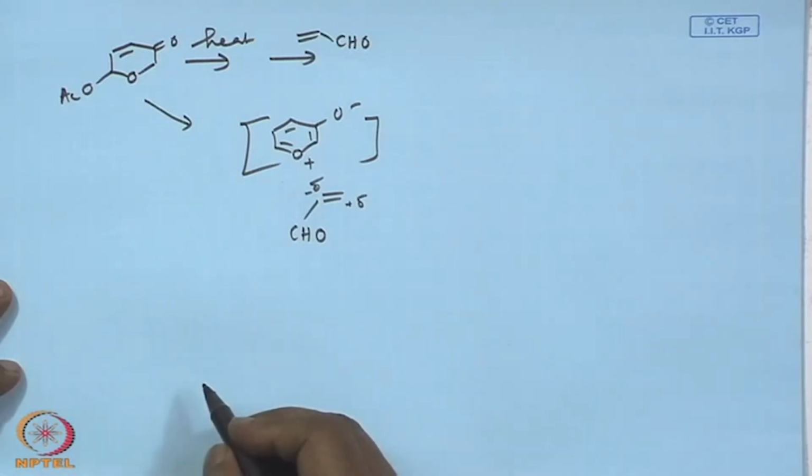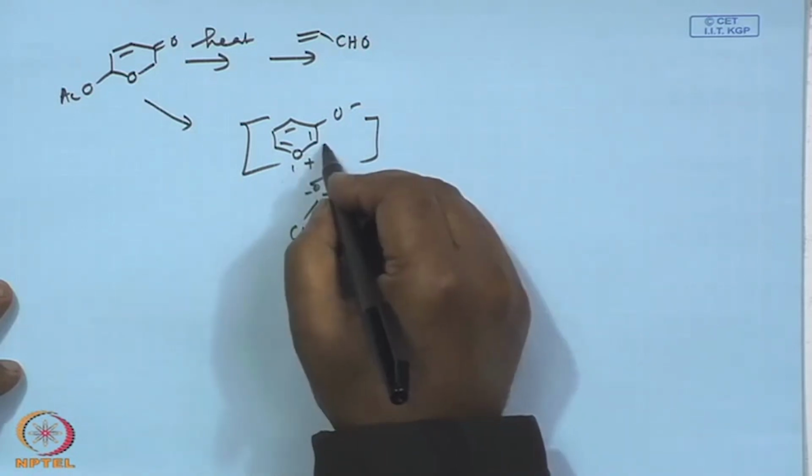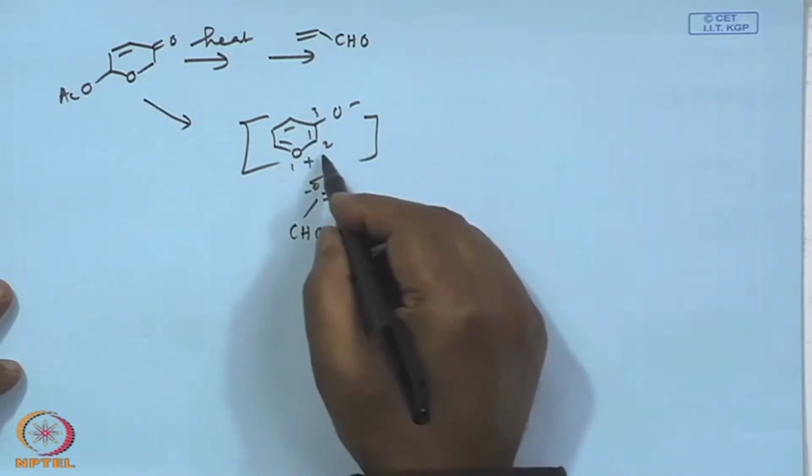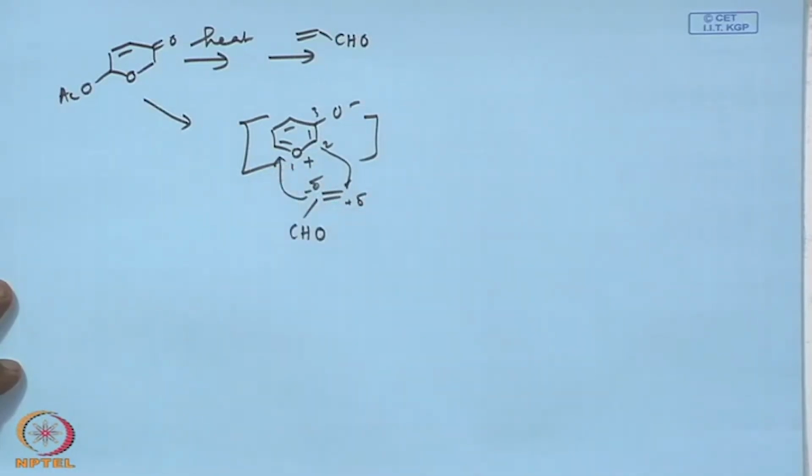And in the case of the pyrylium ion, of course, the electron rich carbon is the second carbon, 1, 2, 3, second carbon. That means this goes here and then this is reacting with the other carbon. That means the bonds are being formed across the ring oxygen, that is how you can remember.